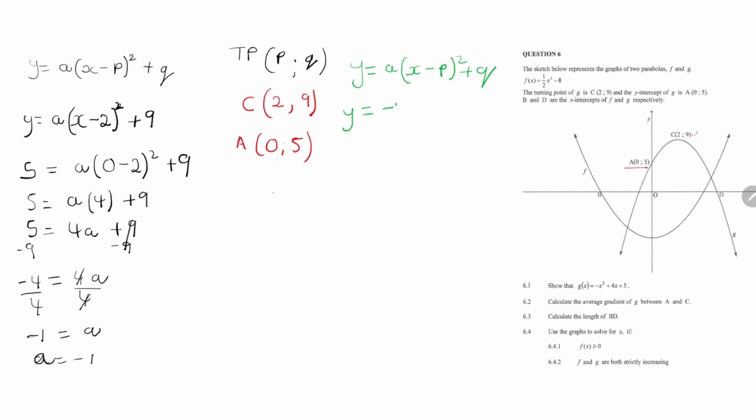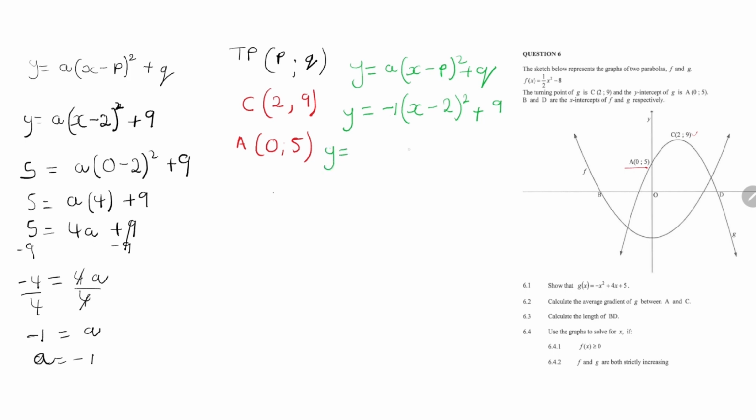So negative 1, we close open bracket, x minus p, we take the x value of the turning point, that is a minus 2 over here instead of minus p. So we will say minus the 2. We square that plus q. From that, we take the y value of the turning point. So that's the 9.